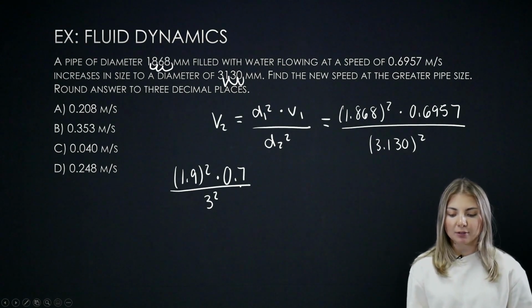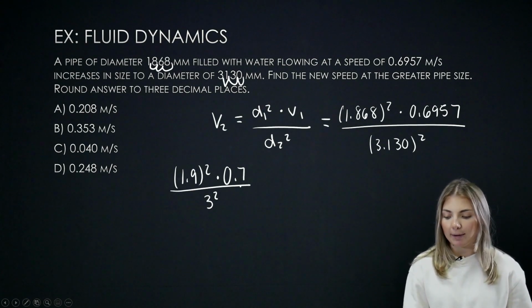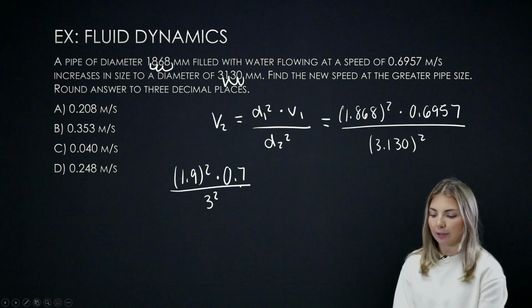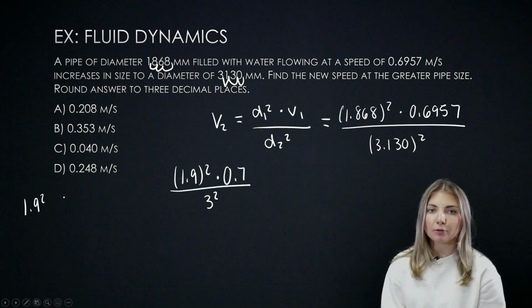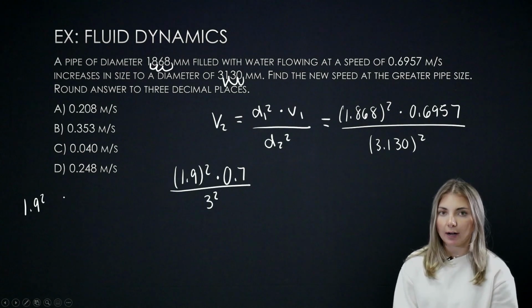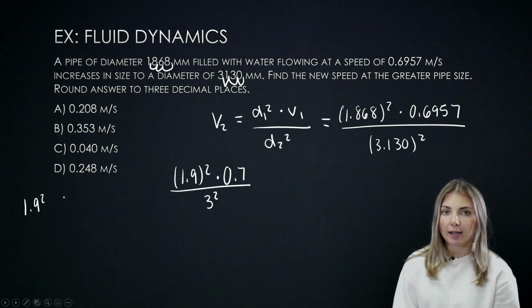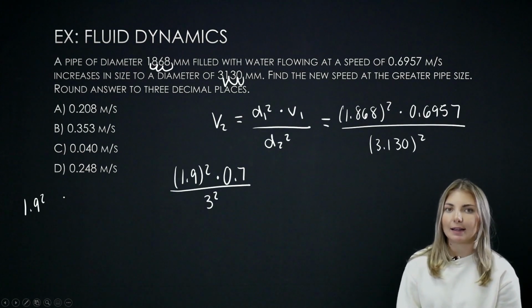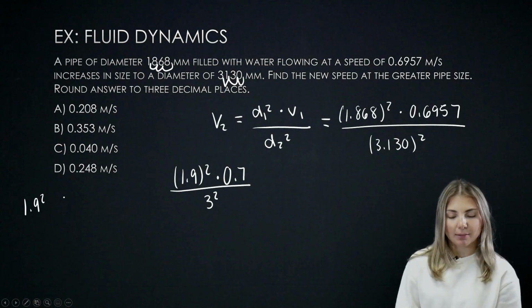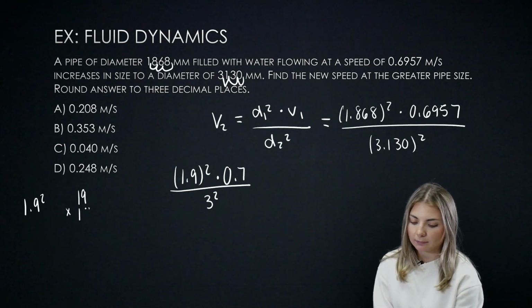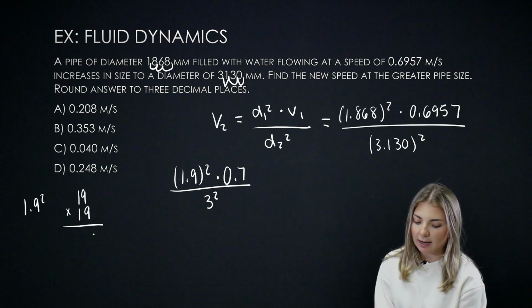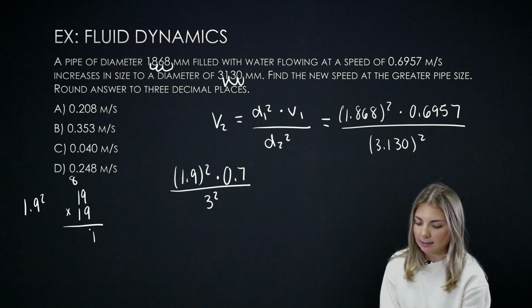So we're going to multiply 1.9 times 1.9, and I'm going to do this in the corner here. I'm going to move the decimal point 1 to the right for each 1.9 in order to multiply 19 times 19, and then I will move them back after. 9 times 9 is 81, and then 9 times 1 is 9 plus 8, 17.